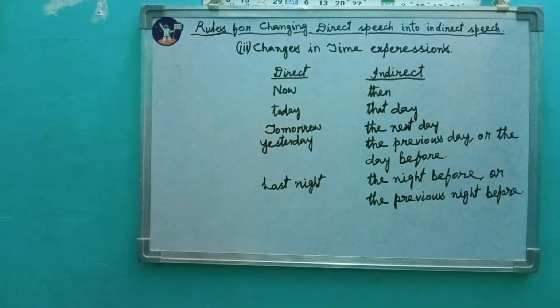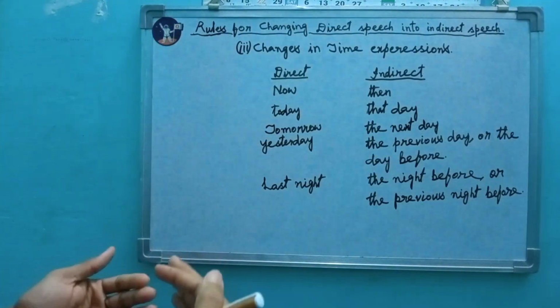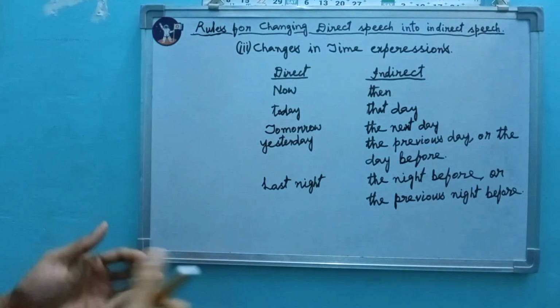The third rule of the narration is changes in time expression. We have to change the time expression.